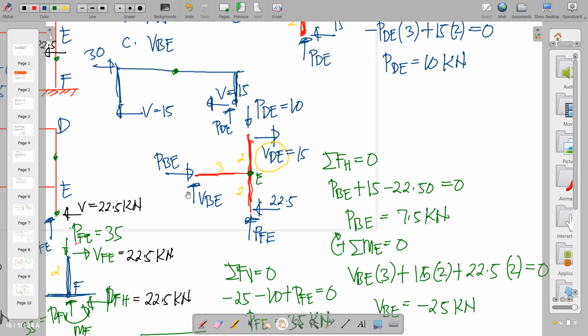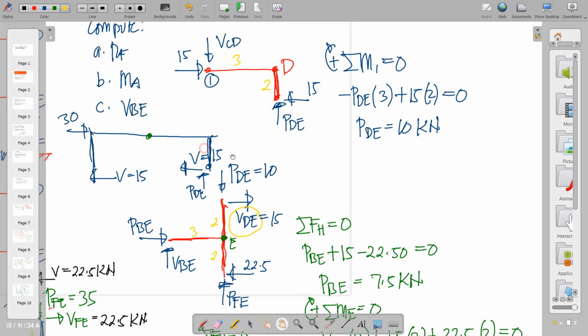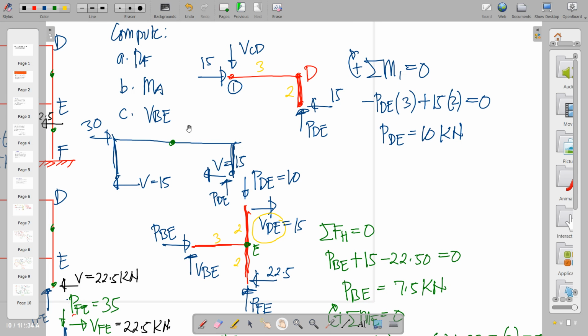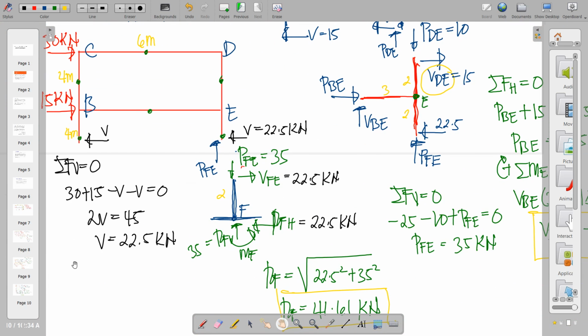VBE is equal to negative 25 kilonewton. So this must be the answer for the third unknown, VB. Okay, so that's it for this example.